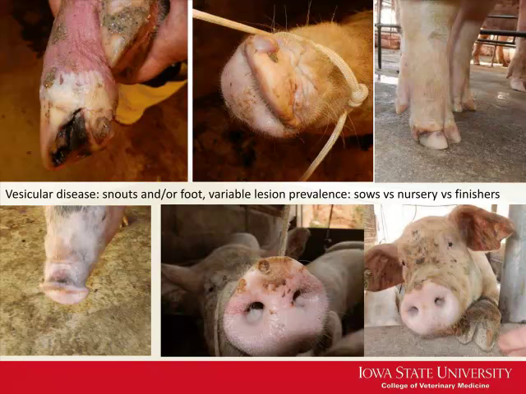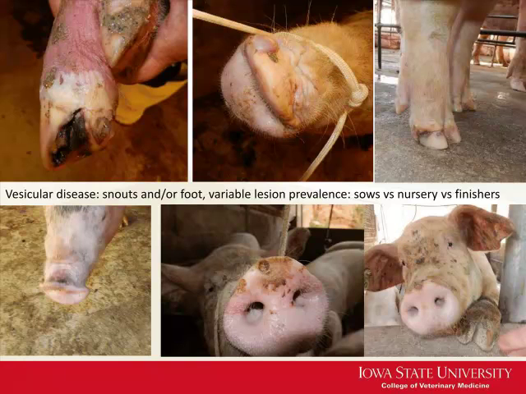After a week, you have a hard time finding anything in this piglet if you miss the first vesicle. So it's really fast and self-limiting, and all these lesions heal in a short time.